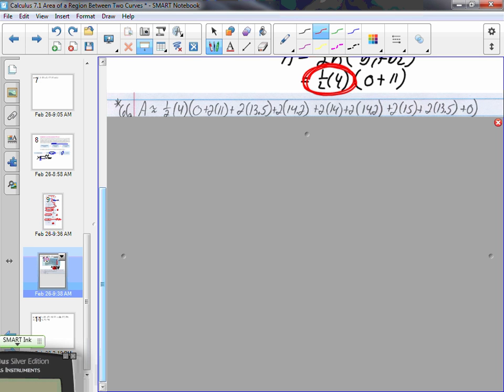Then 11 was part of the yellow one and part of the red one. So 11's in there 2 times, so 2 times 11, plus 2 times each one of them till you get to the end. And then we'll pretend there was a yellow triangle at the other end, and that very last base then would have been 0 on it.